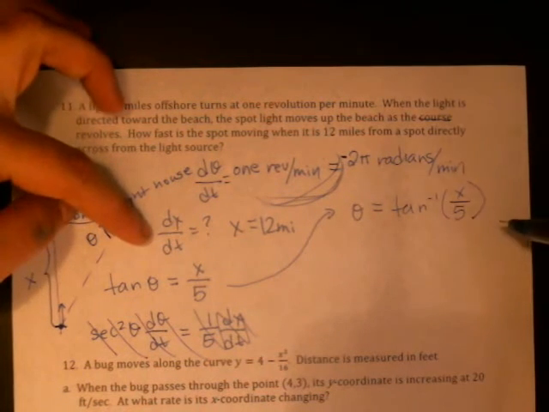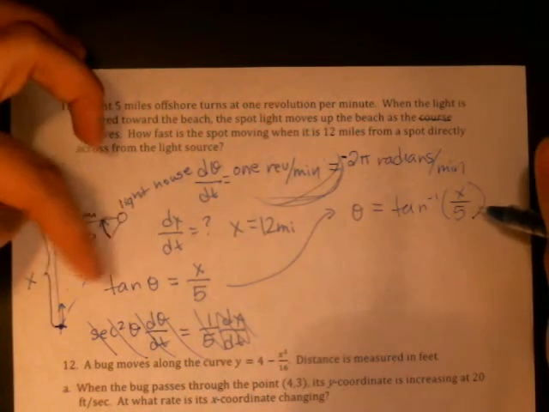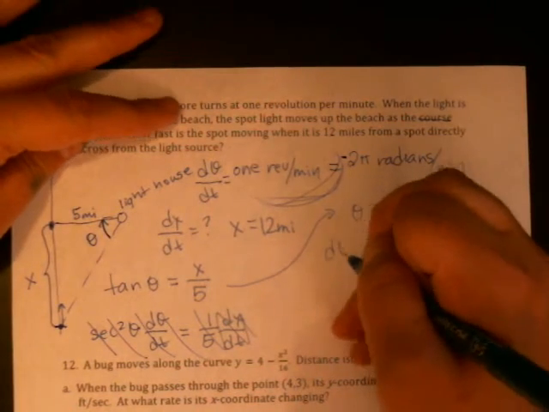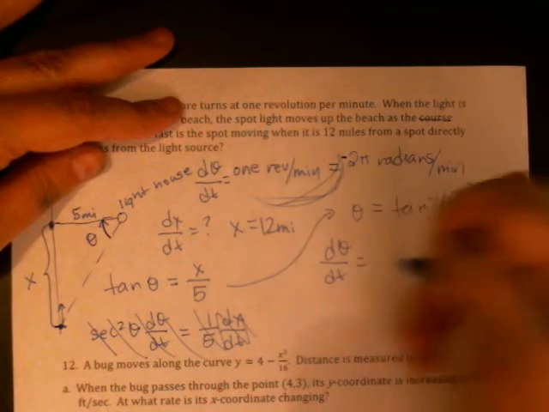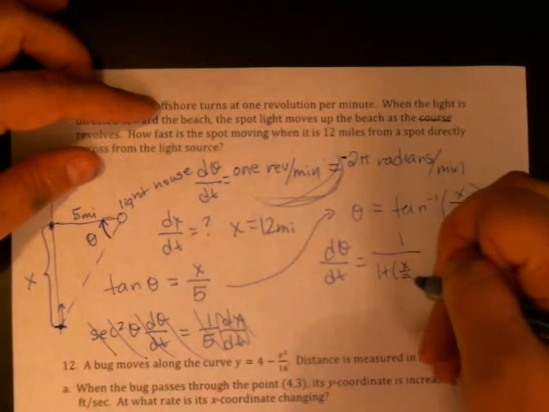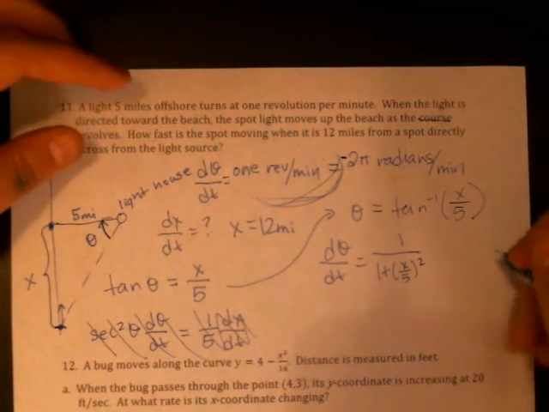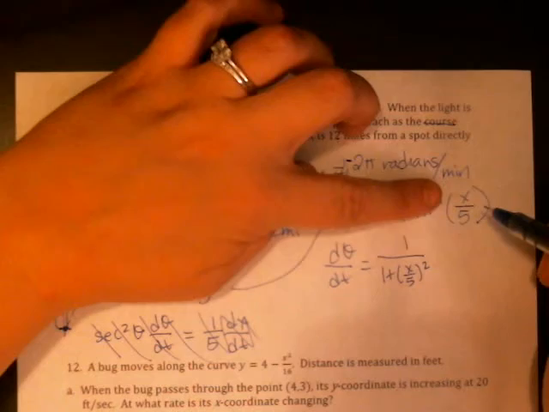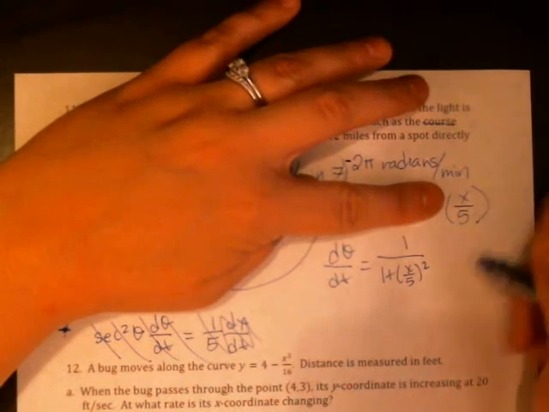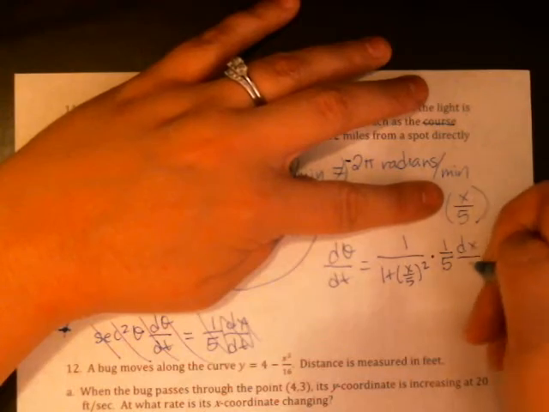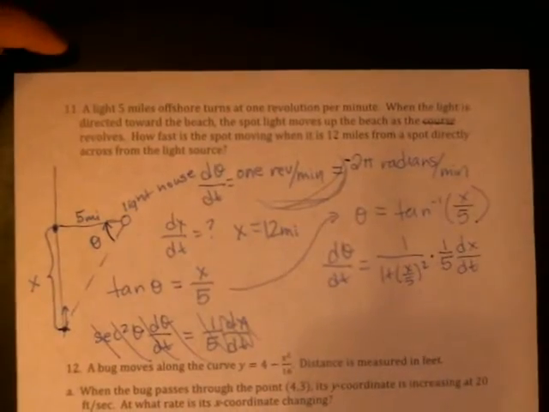We're looking for dx/dt, but if we take the derivative with x by itself, we have thetas left over. This way, dθ/dt equals 1 over 1 plus (x over 5) squared, and then there's a couple of chains. One is the derivative of inverse tangent, the derivative of x over 5 is 1/5, and then don't forget the dx/dt, the derivative of x.